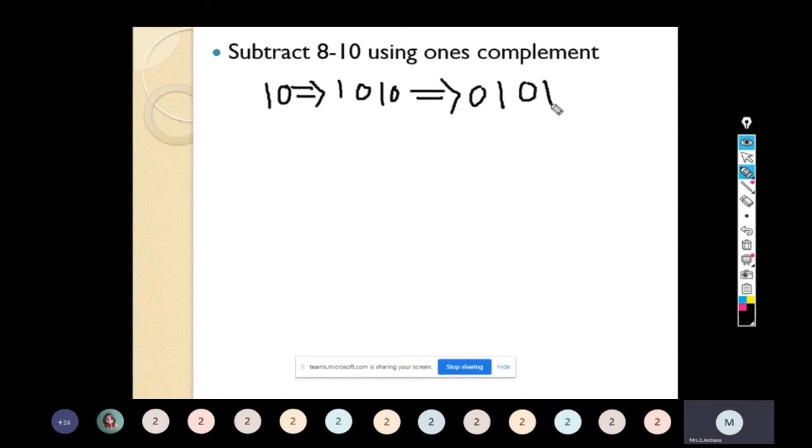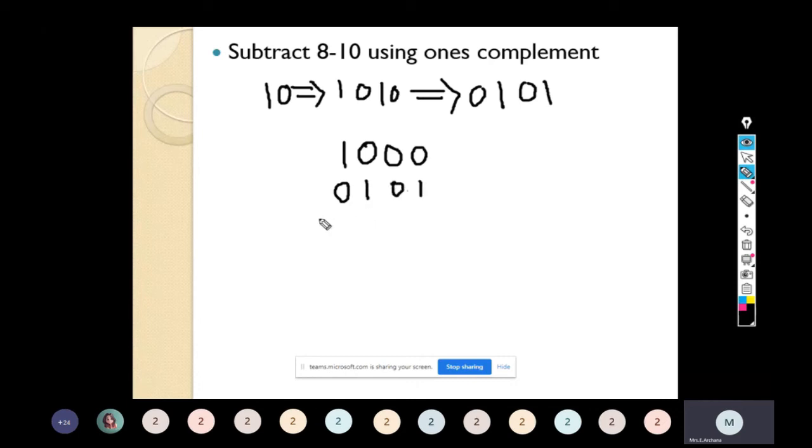This is the 1's complement for the binary value 1010. Now we are going to add the binary value of 8, which is 1000, with 0101.